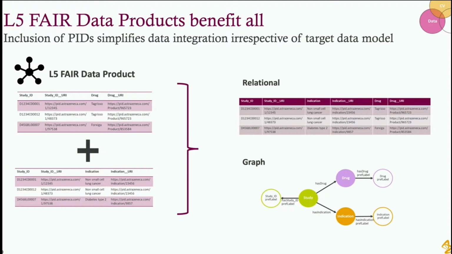And I have absolute confidence that if I see the same PID in another data set, I can join those two things together. And that has huge benefits, whether I'm building a relational database, whether I'm putting the data into a labeled property graph, or whether I'm building an RDF graph, or whatever other esoteric use of the data you want to do. We are eliminating the biggest hurdle to the reuse and the recombination of that data.